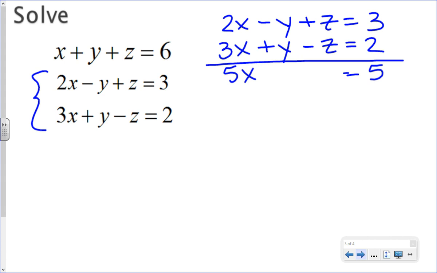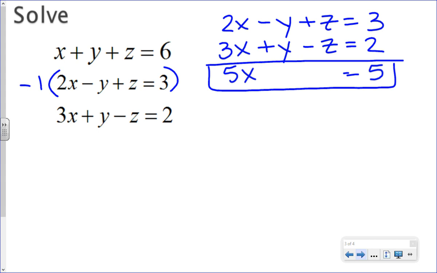So, would you like to work with the first and second or first and third? Liam, what do you think? First and second. Okay. So Z is opposite in the first and second? No. So in order to get them opposite, we're going to have to multiply one of them by -1.